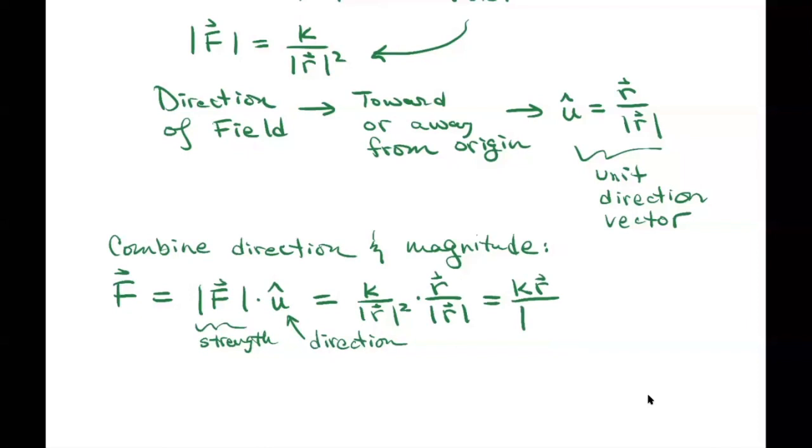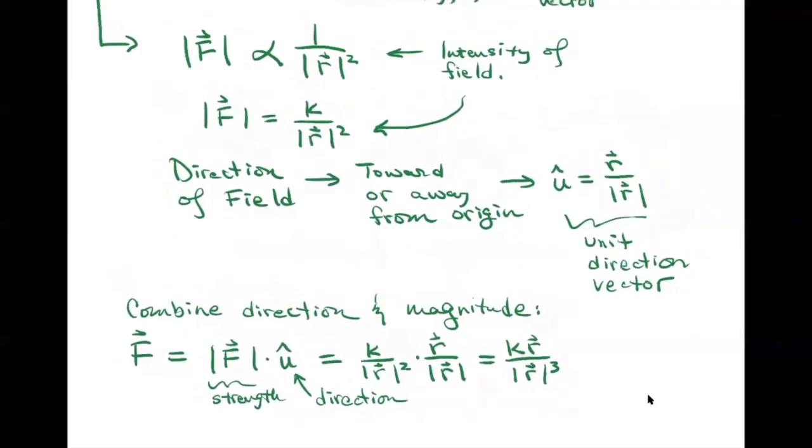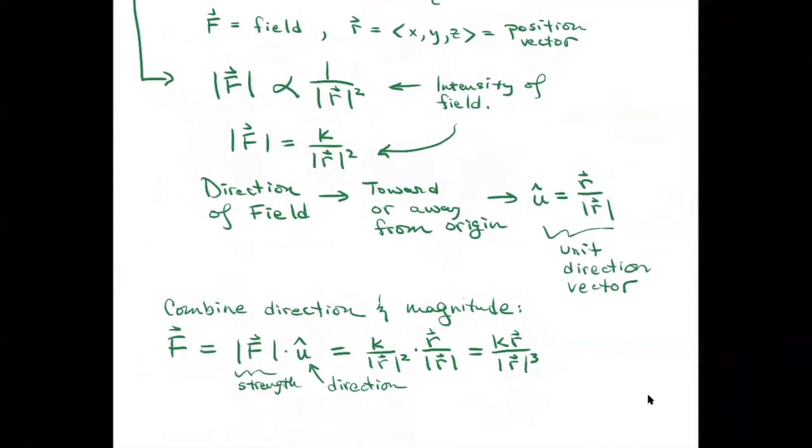It's sort of an inverse cube, except not really, because the R in the numerator sort of kills the magnitude of R in the denominator. I don't know if that makes any sense. But I'm going to do magnitude of R to the third down below. So that's the inverse square field. The only other thing I would add is that the magnitude of R would have to be the square root, because R is X, Y, Z, remember? Magnitude of R would be the square root of X squared plus Y squared plus Z squared.